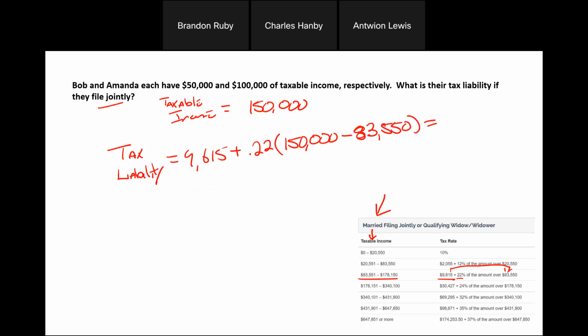If you're using your BA II Plus calculator, you'll want to do this calculation first and add the $9,615. It's a good idea to practice it and make sure you come out with the correct answer. So the tax liability is $23,234.